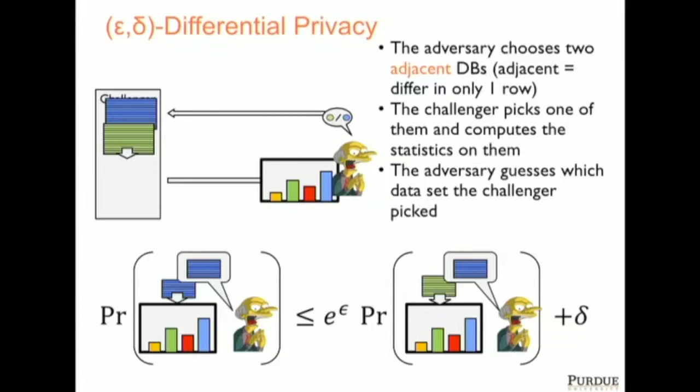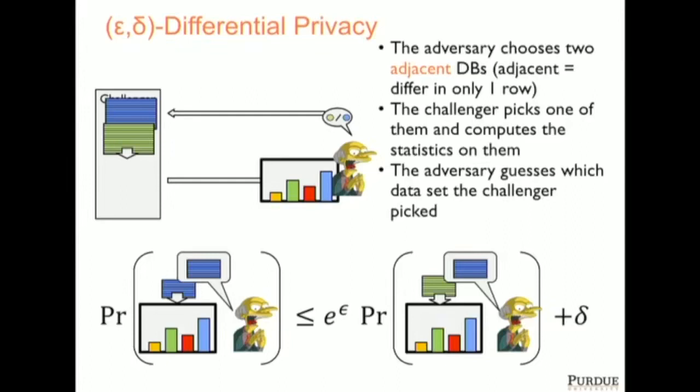The probabilities of the adversary's outputs are related by this equation, where the left hand side is less than or equal to e to the epsilon, the multiplicative factor, multiplied with the right hand side probability, plus a small delta factor.